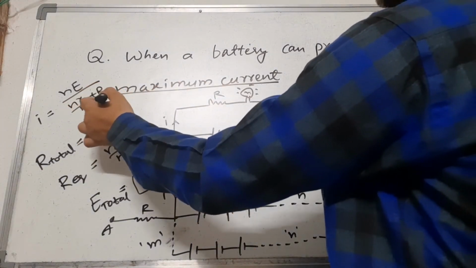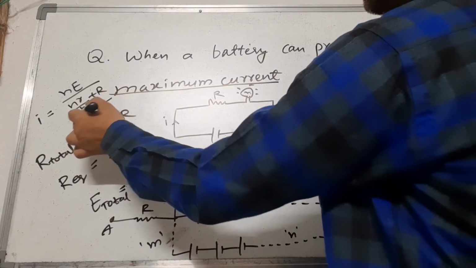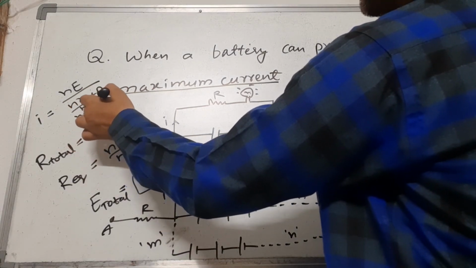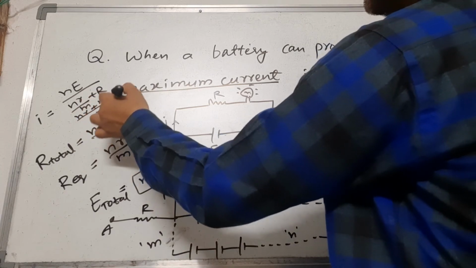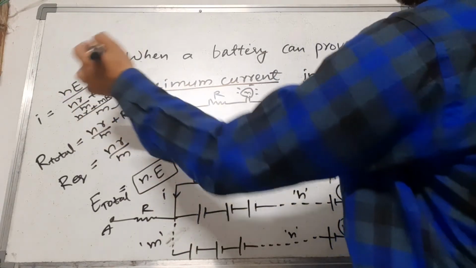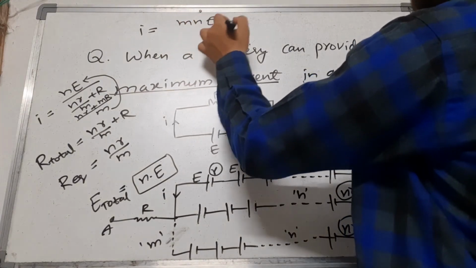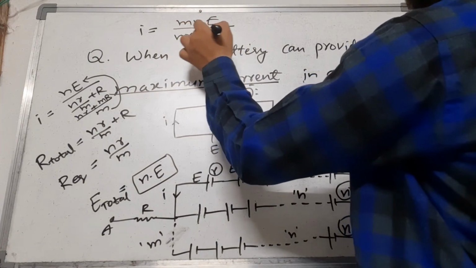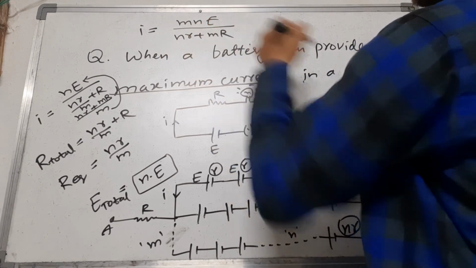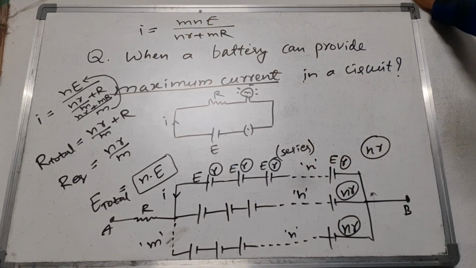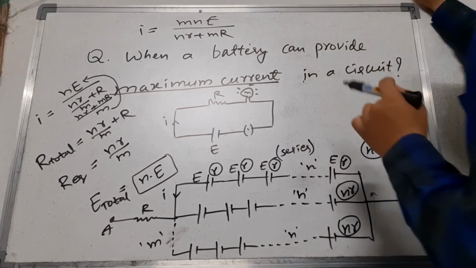If you take LCM, M is the LCM. You will get NR plus MR. And this M is reciprocated, it goes to the numerator. So you will get I is equal to MNE by NR plus MR. Okay, right? So this is the thing we got.